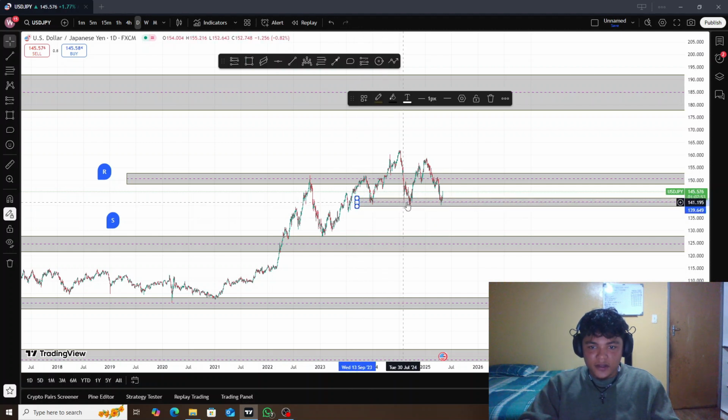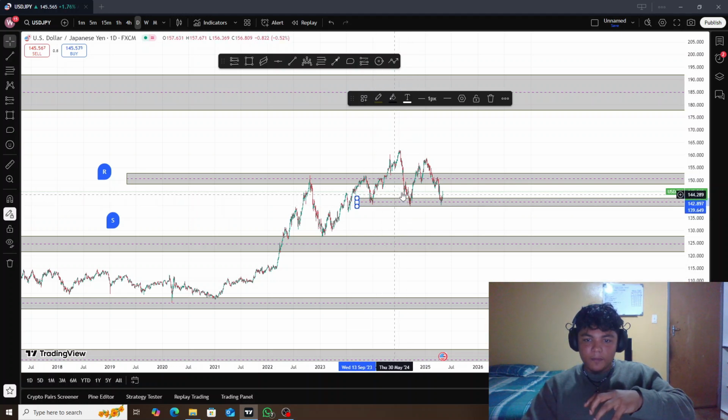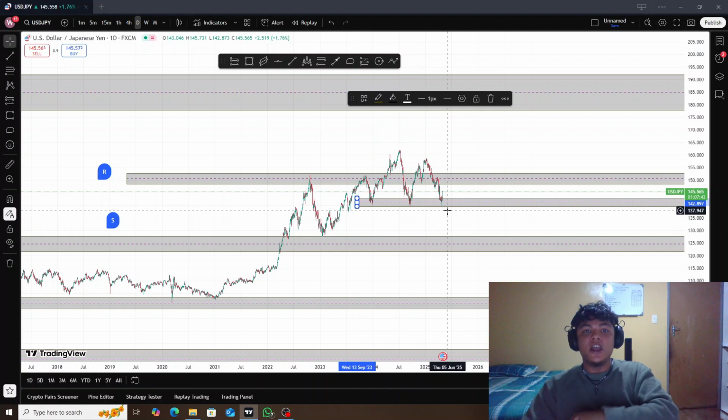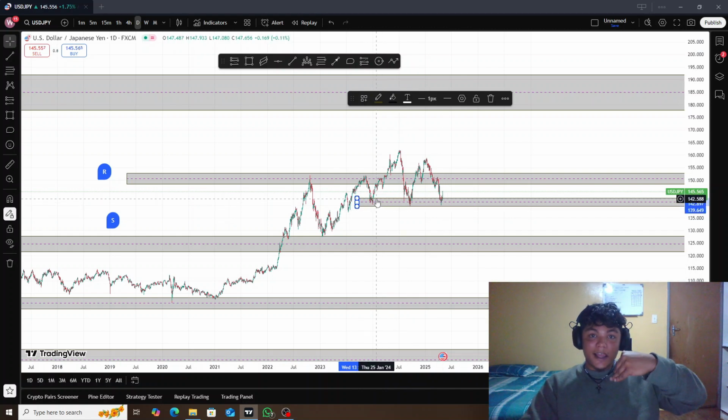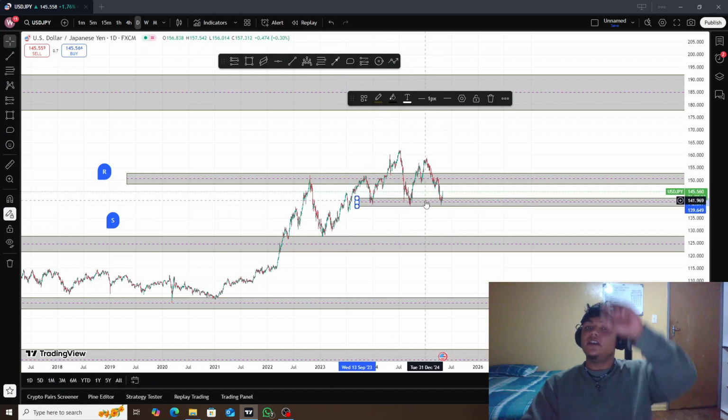Because something here is stopping the market from going down. So as you can see, these 3 touches in this area here. Every time the market gets in this area, it goes up.